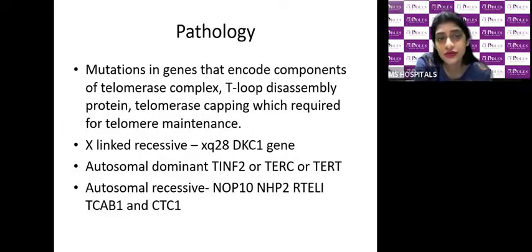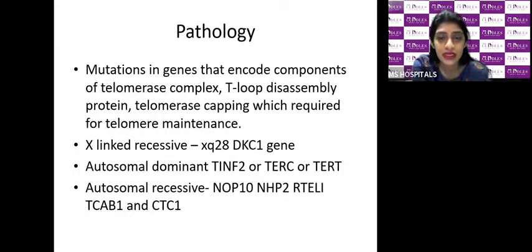The pathology includes mutations in genes that encode components of the telomerase complex, T-loop disassembly, protein, telomerase capping, which is required for telomerase maintenance. X-linked recessive is Xq28 DKC1 gene. Autosomal dominant is TINF2, TERC or TERT.